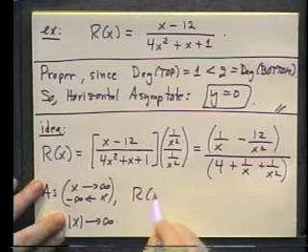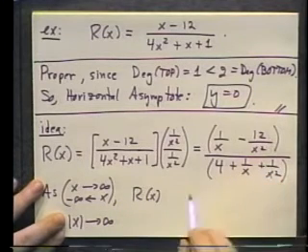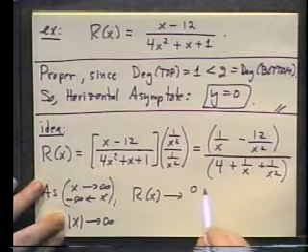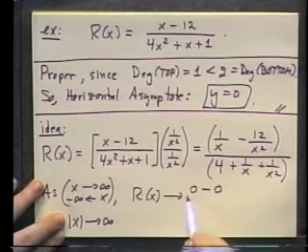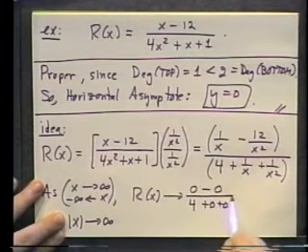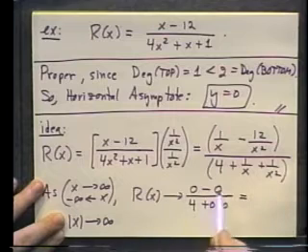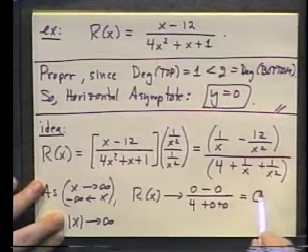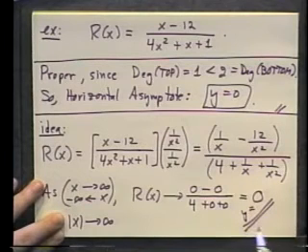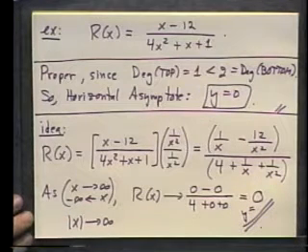The r of x here, which has simply been rewritten, approaches 0. This 1 over x goes to 0, minus 0, that goes to 0. The bottom goes to 4, plus 0, plus 0. Well, what is that? That's 0 over a non-zero number. That's the number 0. And that's the y equals 0 asymptote that we just claimed was there.